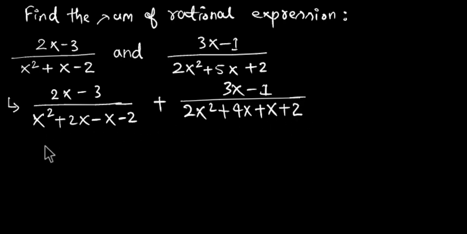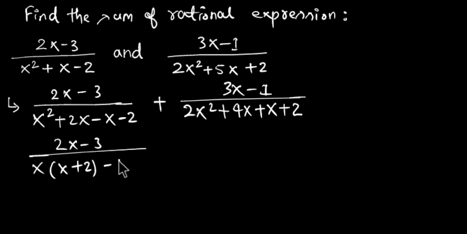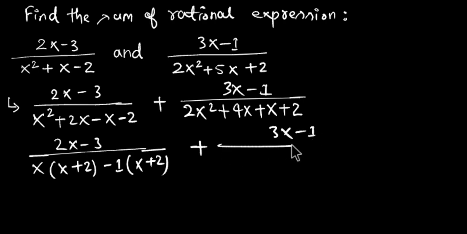Now we can write 2x minus 3 upon, taking x common from these two terms, x times (x plus 2) minus 1 times (x plus 2). And the sum plus (3x minus 1) divided by this term.